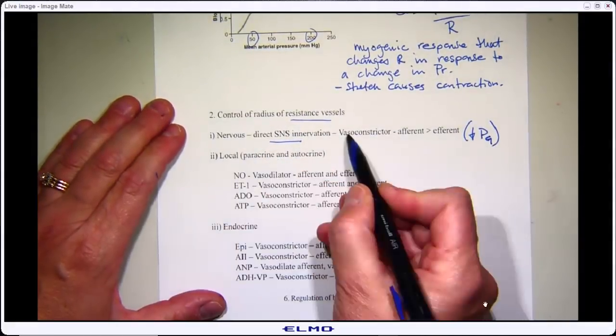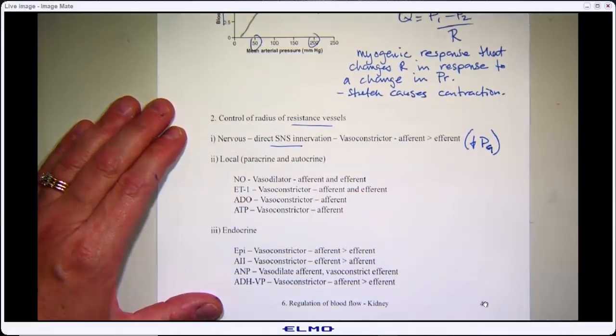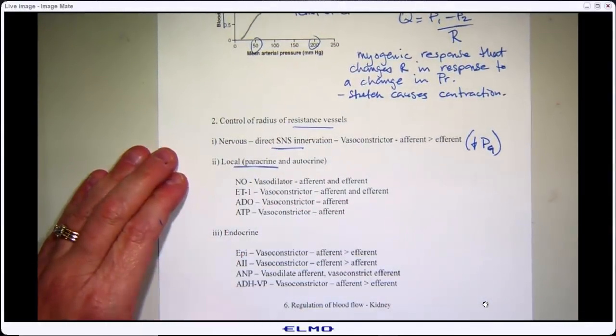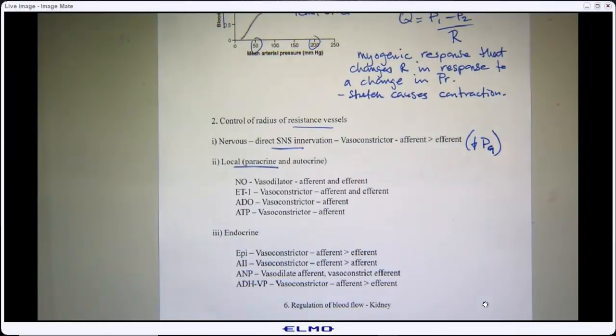So we've got nervous control, direct SNS innervation. Not only that, whenever we see SNS control, we should also be registering that we can do this very quickly. This is a milliseconds to seconds maneuver that the body can use in order to control pressure in the glomerulus. So we can do it quickly. We also have local autocrine and paracrine control right at the level of the kidney.